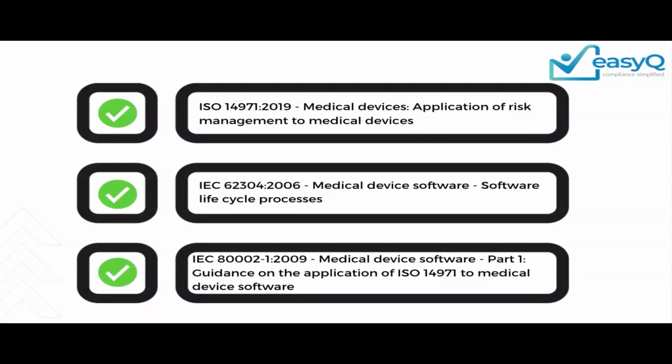And then the remaining can be used as supporting standards as well, right? So your auditors typically don't ask for 80002 and 82304 when they come for an ISO 13485 audit or your MDR audit. These standards are not yet seen as medical device auditing standards, right? So auditing standards still remain 14971 and 62304. So as long as you have taken care of that within your organization, you implement 14971 and 62304, you should be good to go.